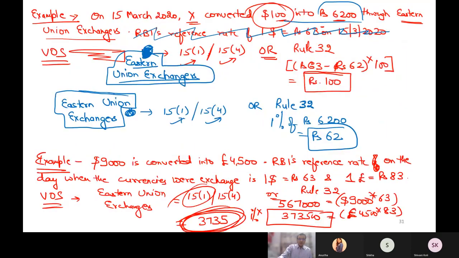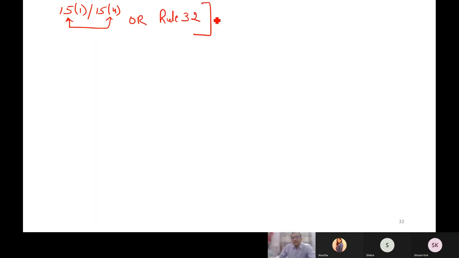Now if you notice, a very strange thing: do you know what another option is available? Rule 32 is optional. Either 15.1 or 15.4, any of these two. Compare this with rule 32. Okay, so I can exercise the option. But do you know, within rule 32, there are two options, option 1 and 2.